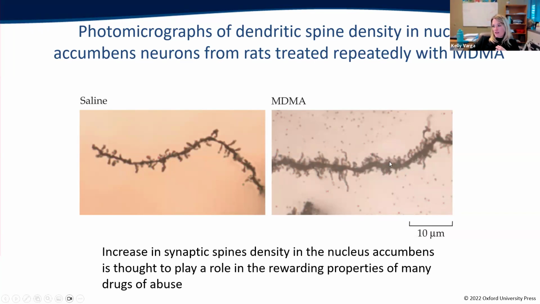What we see is that those that were exposed show an increase in synaptic density within this area. This is thought to be due to the rewarding properties of this drug as part of the abuse. Now, again, just because we have more doesn't mean better. We'll come back to that.